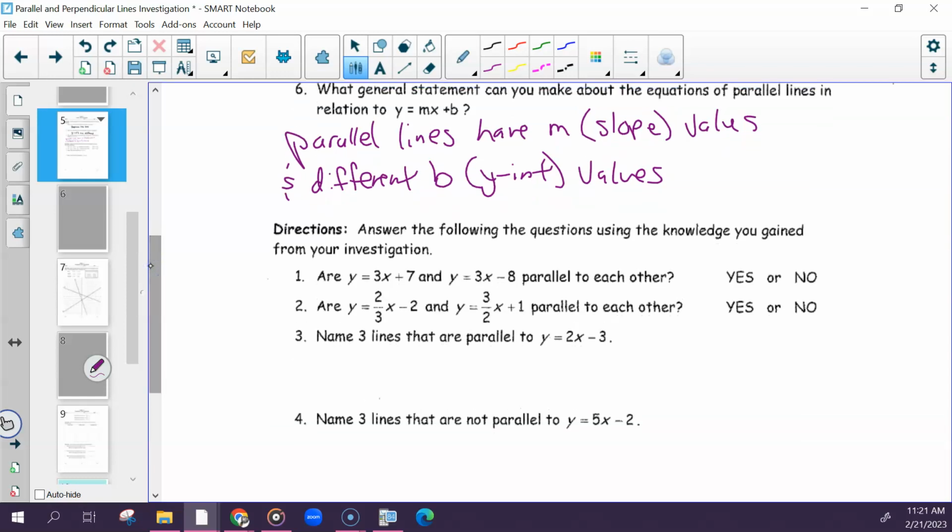Then we're going to answer these questions. For number 1, are those parallel to each other, based on our general statement? Yes. Why? Or how do we know that? Same slope and what else?